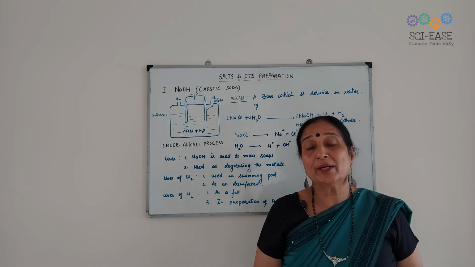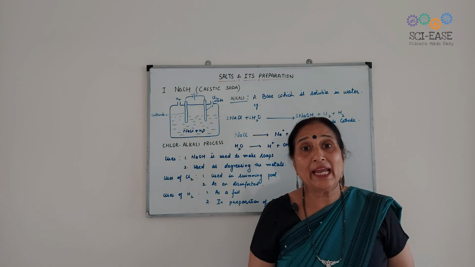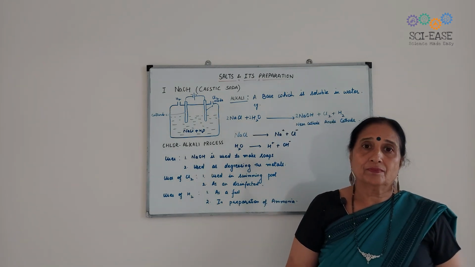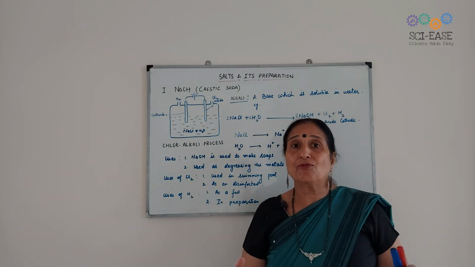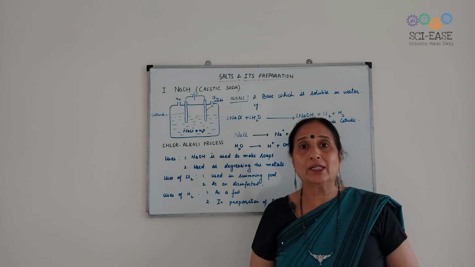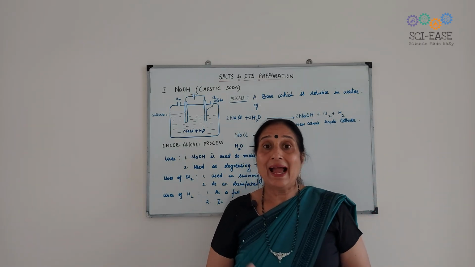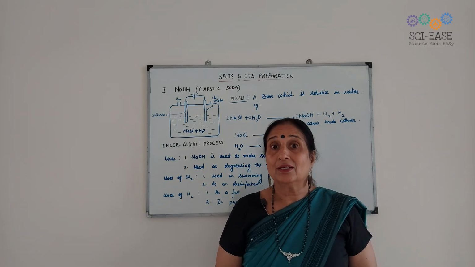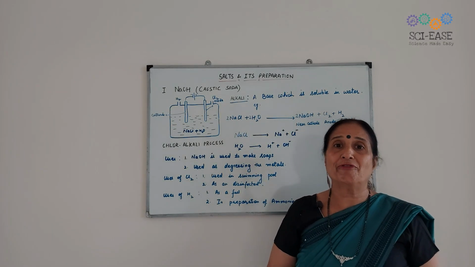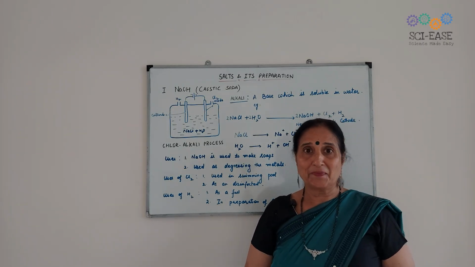You know about sodium chloride. Sodium chloride is obtained from seawater, and it is formed by the evaporation process of seawater which is taken in lagoons, and then the salt which is obtained is purified further and then it is delivered in the market.